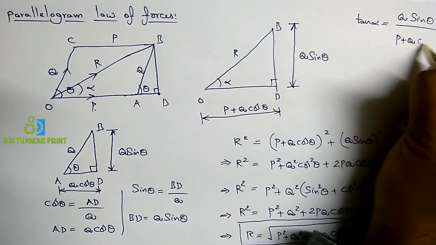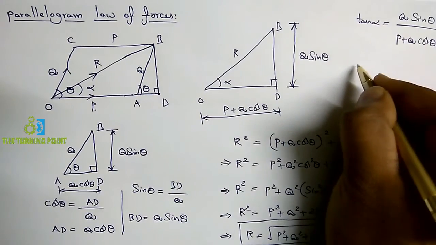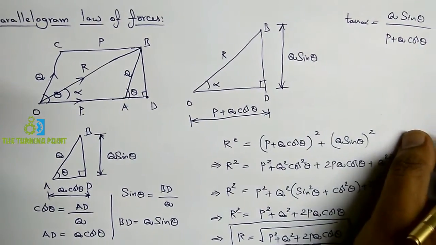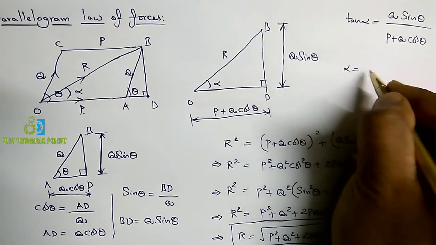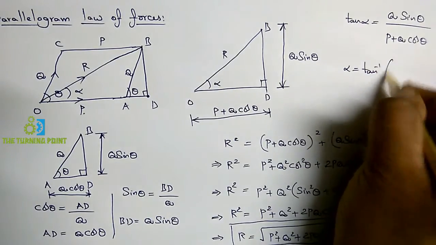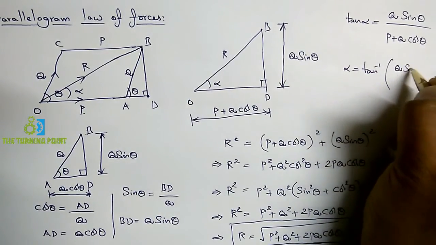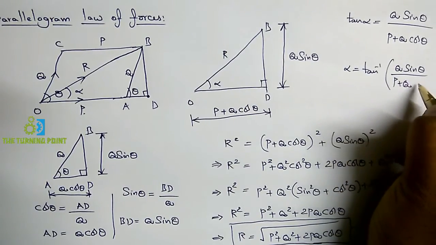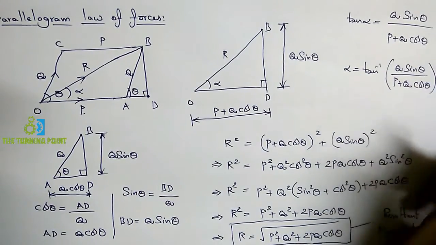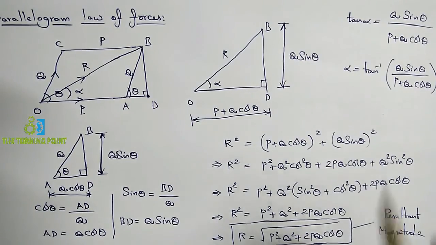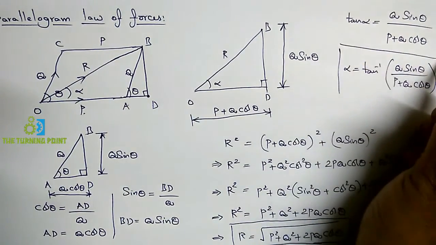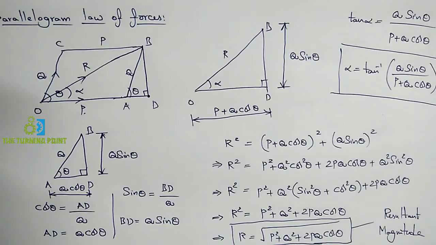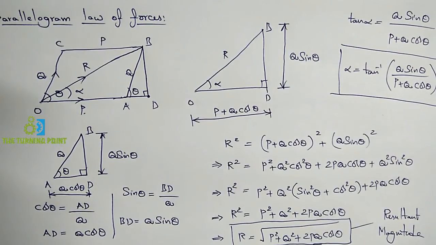From that I can find the value of alpha, which is alpha equal to tan inverse of Q sin theta divided by P plus Q cos theta. So this is the relation for direction of the resultant, and this is the relation for resultant magnitude.